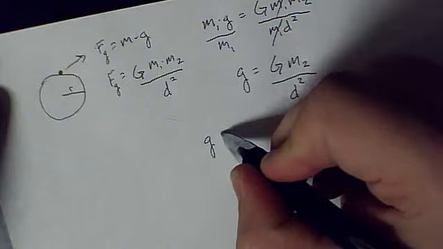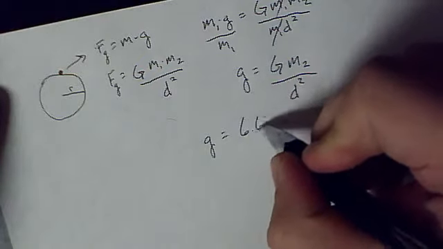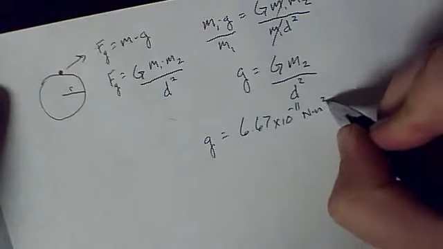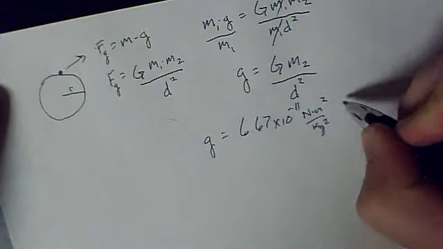In this case, d is the radius. So that means little g is 6.67 times 10 to the negative 11th newtons times meters squared per kilogram squared.